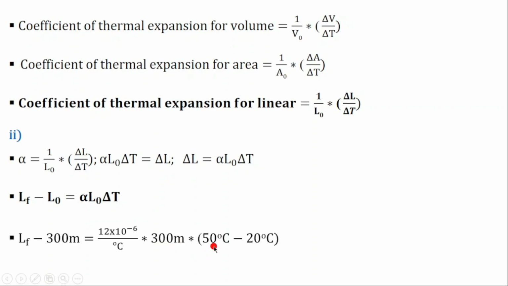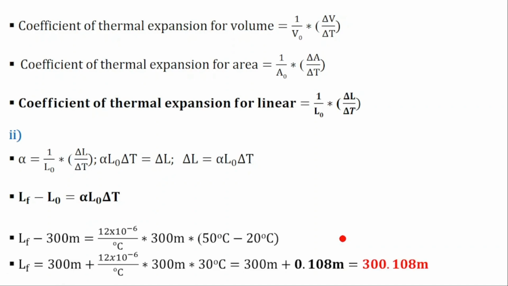The change in temperature, they are saying, is from 20 to 50, so we take the final temperature 50 minus the initial temperature 20. Then we determine LF, the final length, which is equal to 300.108 meters, an increase of 0.108 meter, corresponding to an increase of 30 degrees Celsius.